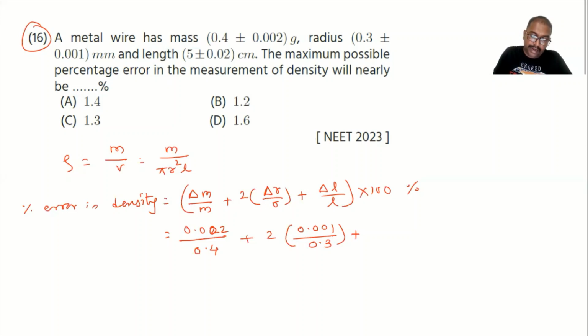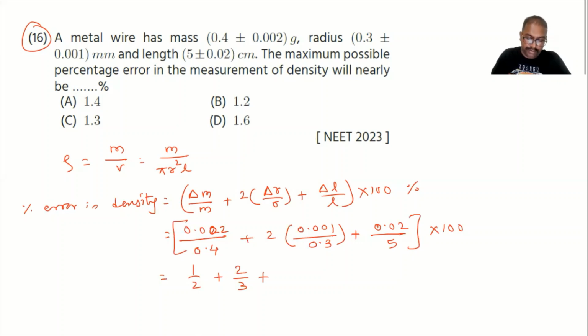Now multiplied by 100. So 100 multiplied by 0.02 over 0.4 is coming 1 by 2, plus 100 into 0.001 into 2 over 0.3, so 2 by 3, plus 100 multiplied by 0.02 over 5.